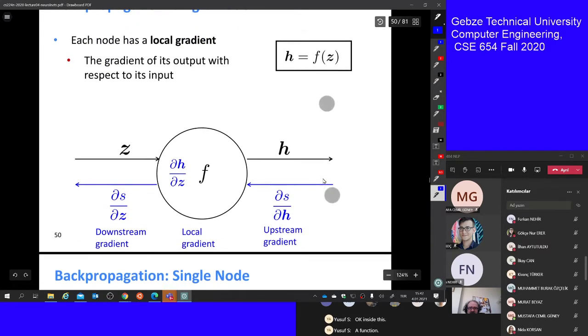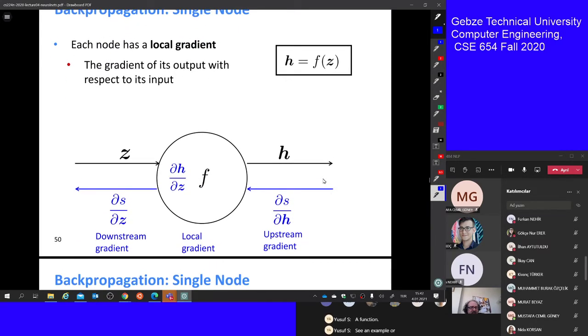See an example. I got this derivative of s with respect to h, but h depends on z. So I take this derivative of h with respect to z, and I pass along this derivative down.